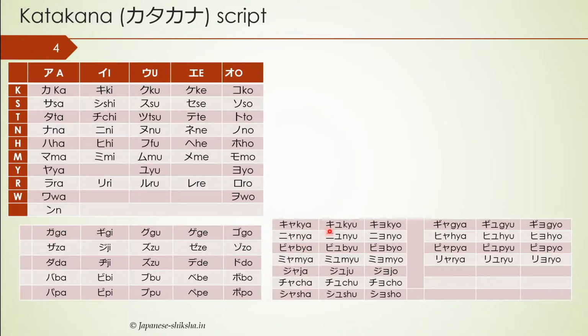Again, kya, kyu, kyo, nya, nyu, nyo, bya, byu, byo, mya, myu, myo, ja, ju, jo, cha, chu, cho, sha, shu, sho, gya, gyu, gyo, hya, hyu, hyo, pya, pyu, pyo, rya, ryu, ryo.